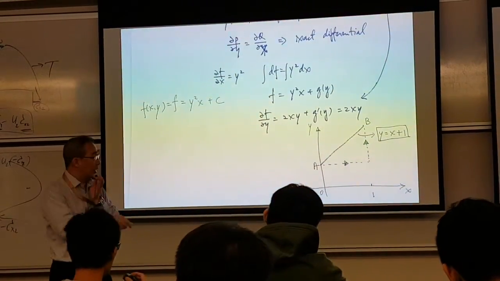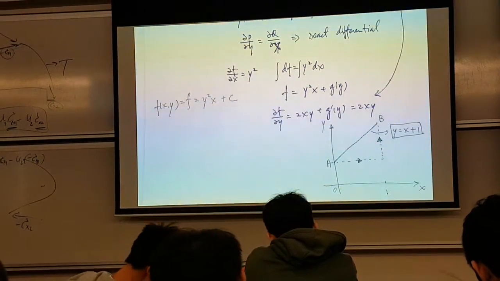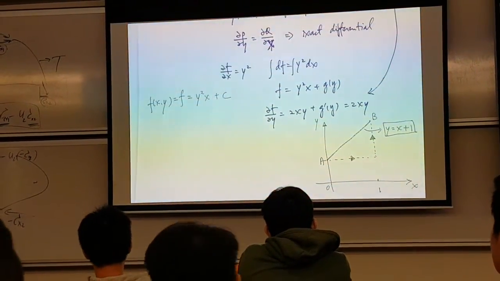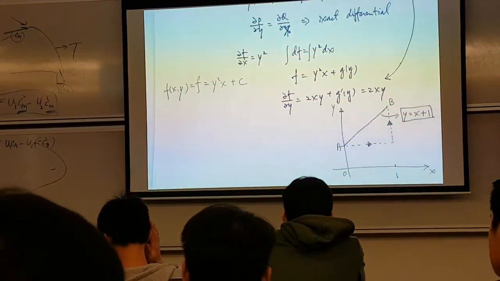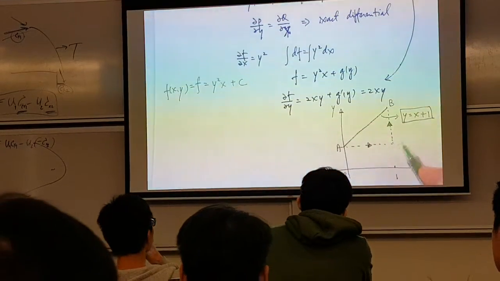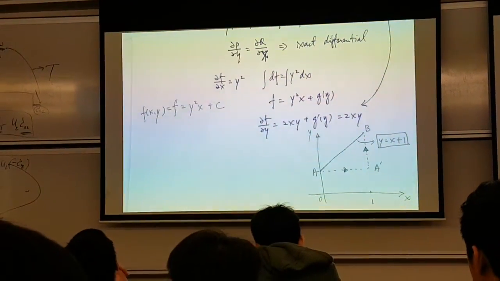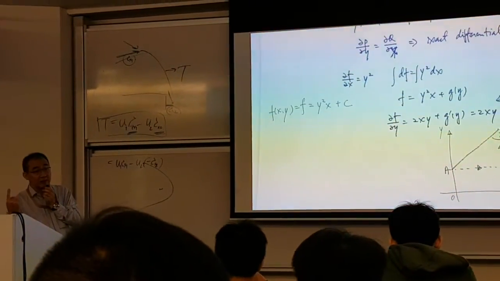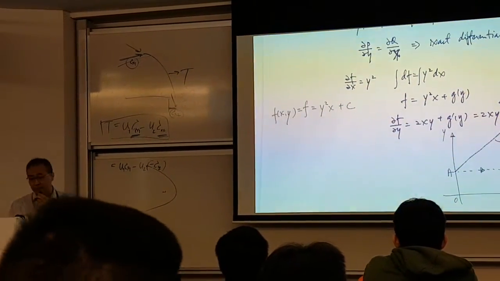If you move from A to A prime, dy is going to be equal to 0 because your starting point and end point are the same. But if you move from point A prime to B, you can see what happens to your x. Your dx is not going to change because x starts at 1 and ends at 1, except that the y has changed.